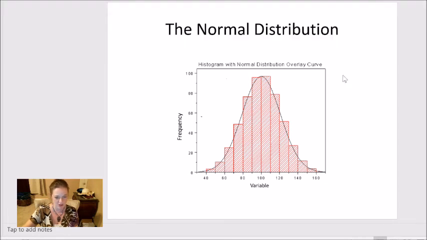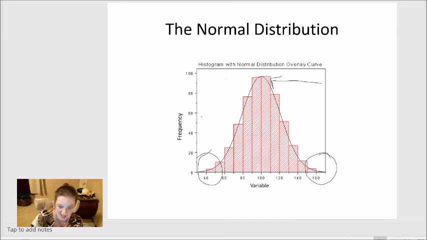A normal distribution is often like a mountain, and this is the peak of the mountain. It's the most common or probable score. And these are the tails of a distribution, because they kind of look like tails. They're long and thin like a tail. So this is the peak of the distribution, and these are the tails of the distribution.